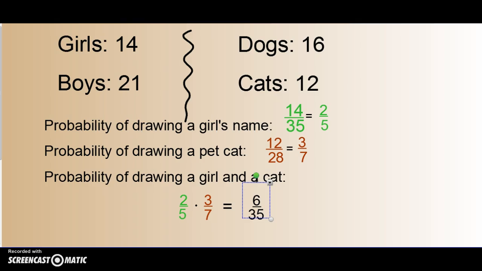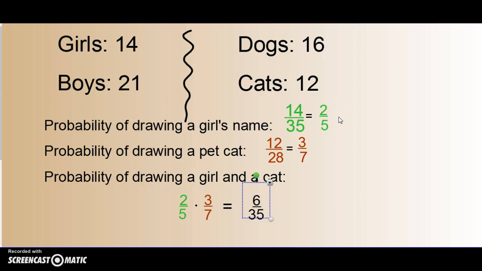All right, the probability of drawing a girl's name. Notice there are 14 girls out of 35 people in all, and then reduce it. The probability of drawing a pet cat, maybe you're just drawing the cat out of a bag, the name. You'd say there are 12 cats out of 28 pets, and reduce that to 3/7. And those two are independent.